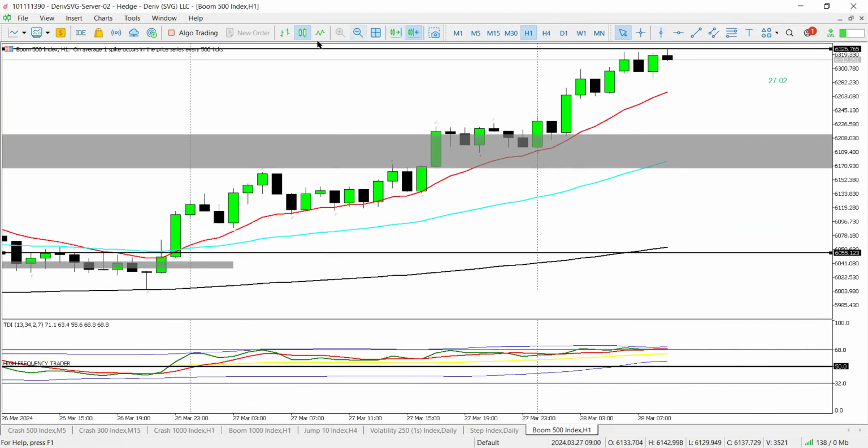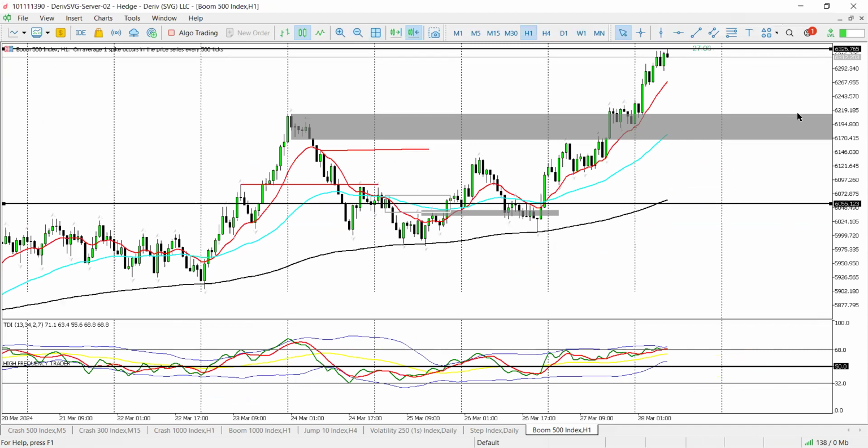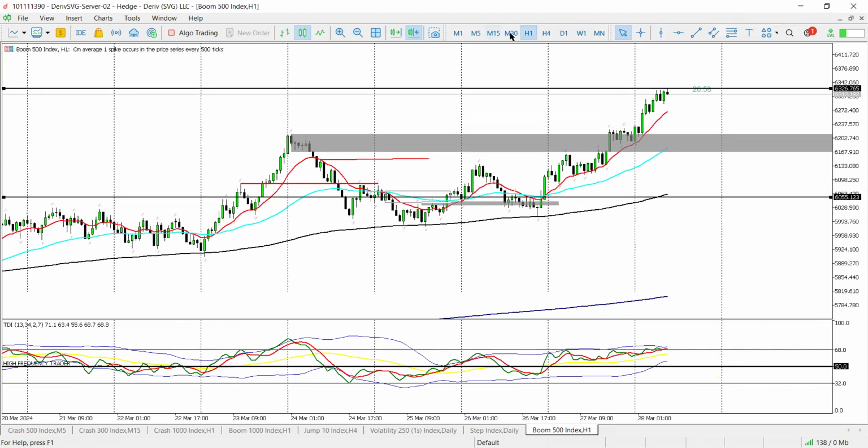I would love to get a retracement of some sort, and I'll be happy to continue with the buys. So if price can retrace to this area here, especially this area just above the zone, I would be happy to look for a fresh pattern here, then actually execute buys. But I cannot buy right now until I get a retracement. Maybe if they continue being bullish today, I might have to wait for tomorrow.